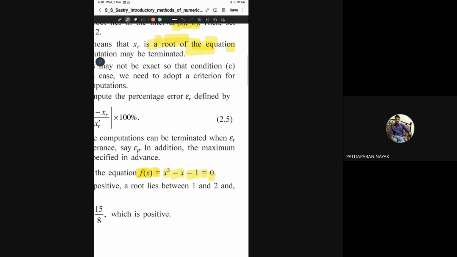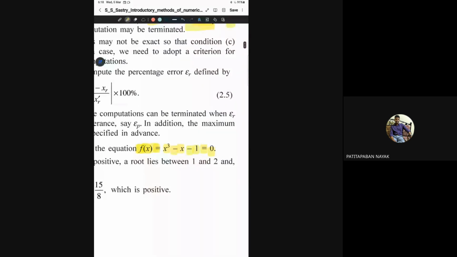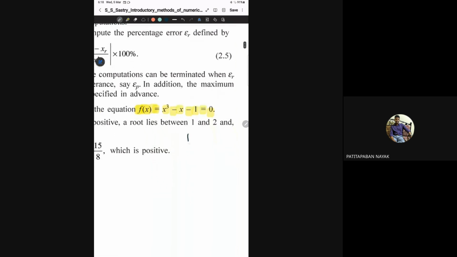If I try drawing, suppose I have this kind of function where f of a is negative. The function is somewhat like this.